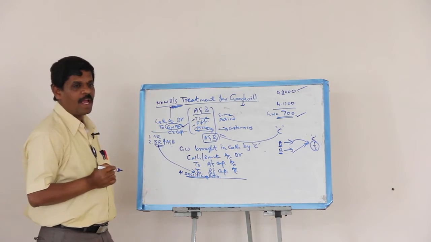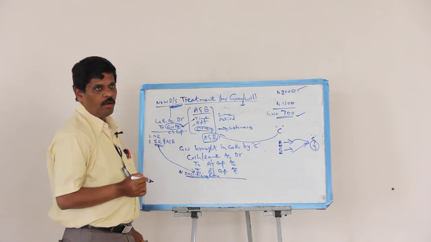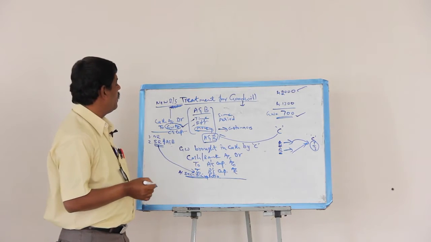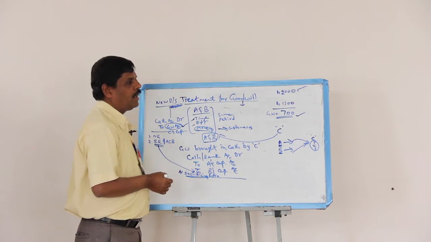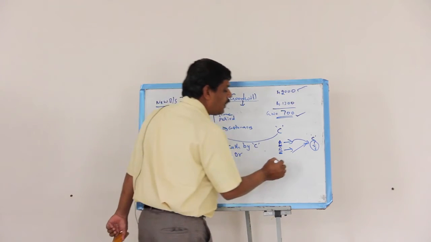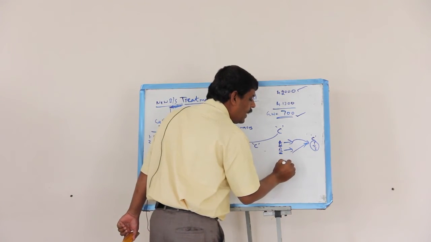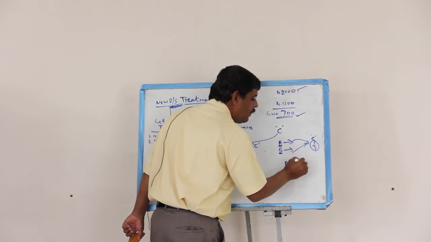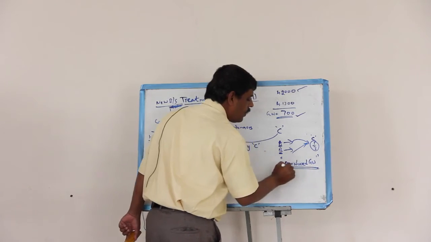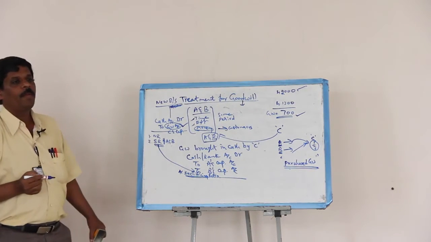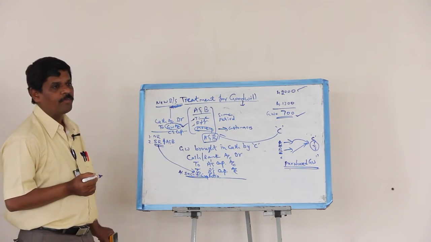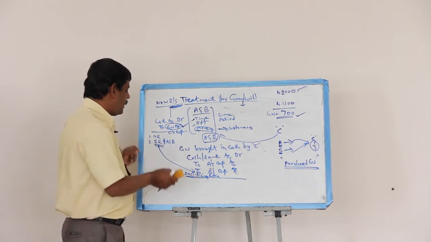Under the new rules given by the ICAI, only purchased goodwill appears. This treatment is called premium, goodwill brought in as premium. So this will not be appearing in the balance sheet.